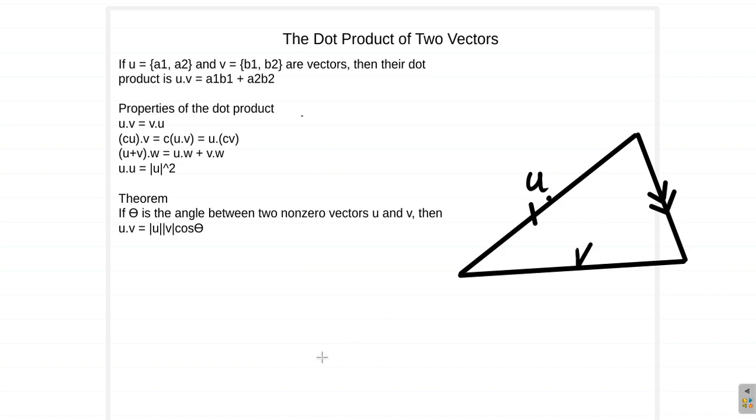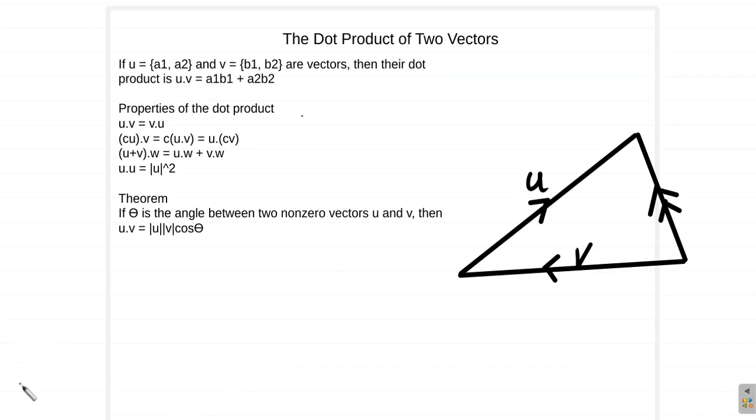When you add the two vectors, they must follow each other around the triangle and must oppose the resultant.